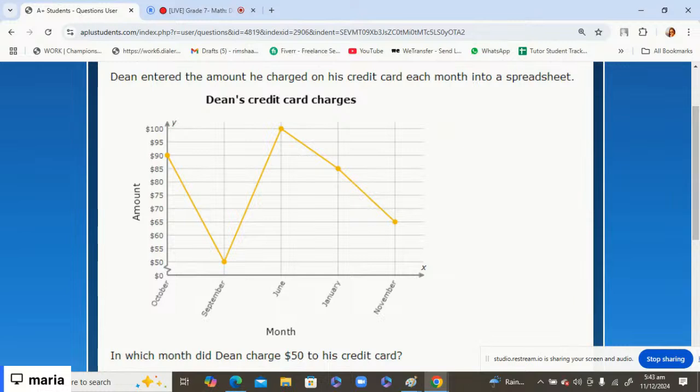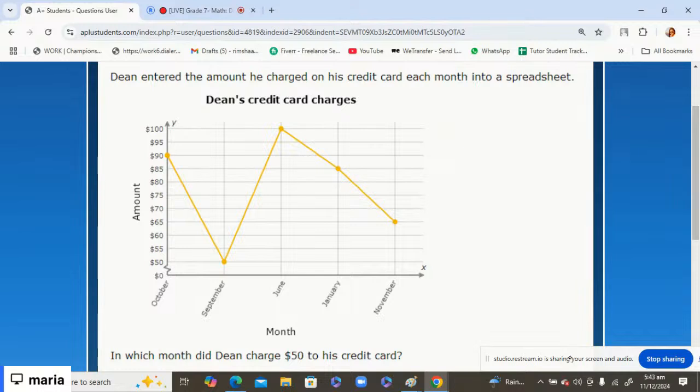Dean entered the amount he charged on his credit card each month into a spreadsheet. Okay, October, September, June, January, and November are given. An amount is given for each month. In which month did Dean charge $50 to his credit card?